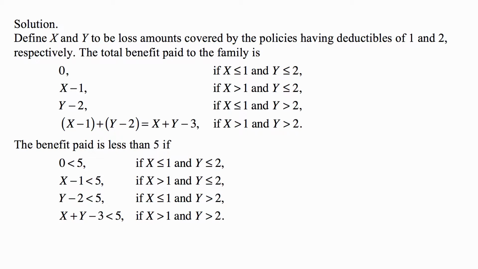For X less than or equal to 1 and Y more than 2, the benefit paid is less than 5 if Y minus 2 is less than 5, which is the same as Y being less than 7. And finally, when X is more than 1 and Y is more than 2, the benefit paid is less than 5 if X plus Y minus 3 is less than 5, which is the same as X plus Y less than 8, or equivalently Y less than 8 minus X.